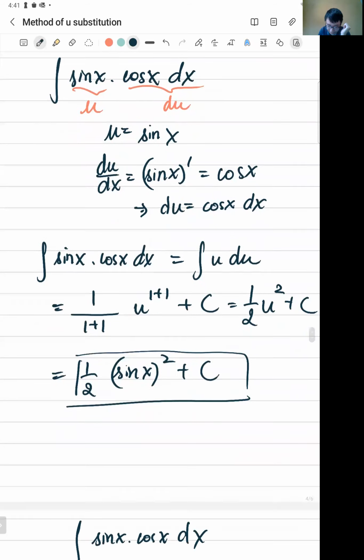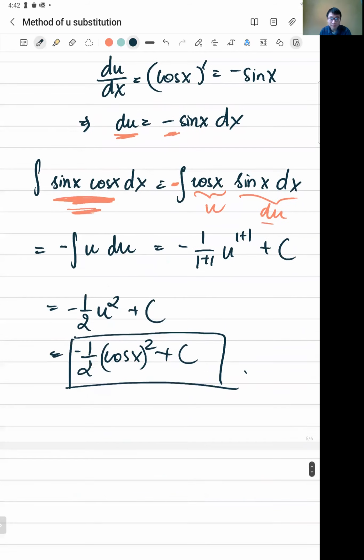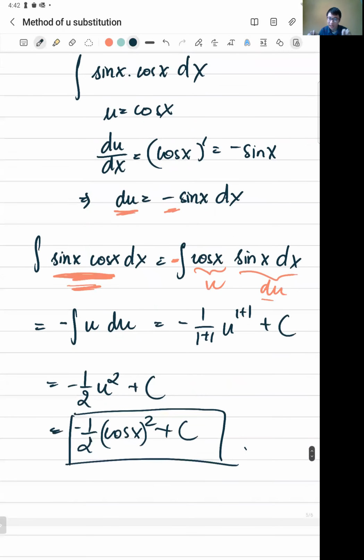And the second one, I used cosine of x, and I got this answer. So sometimes it has more than one answer based on which one you're setting as u. Both of them are correct, so both of them are equal.